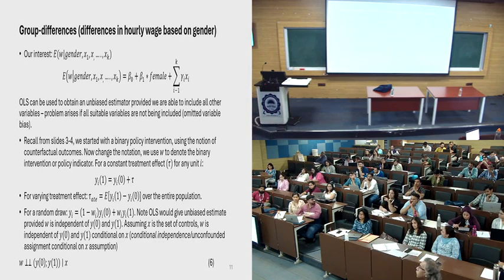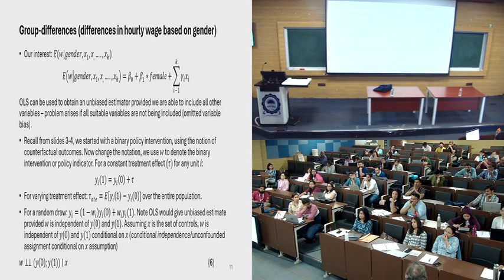Since we're looking at differences in hourly wage based on gender, then what does w look like? Any example of w? Anything, a training program, anything. Think of anything. So receiving the training program given your gender. Yes, receiving the training program. Irrespective of gender, the training program gets introduced.